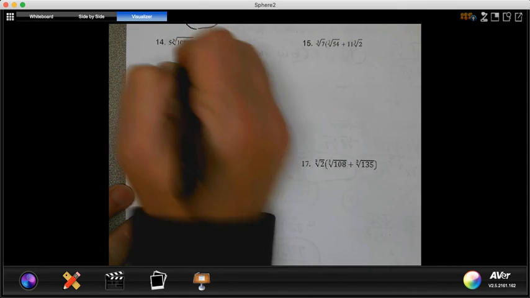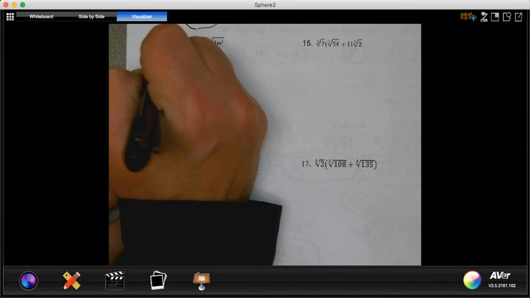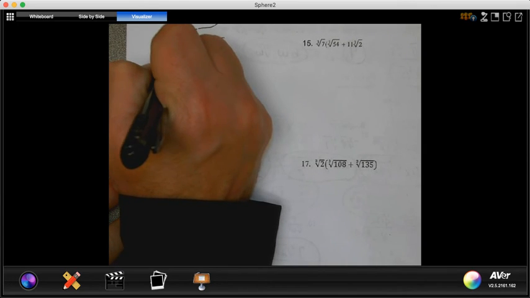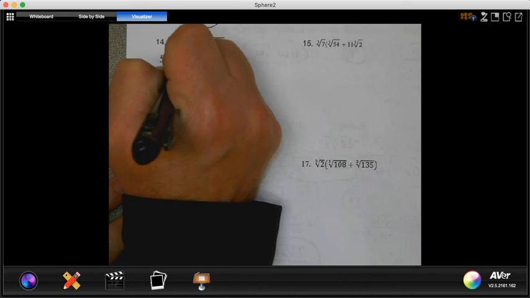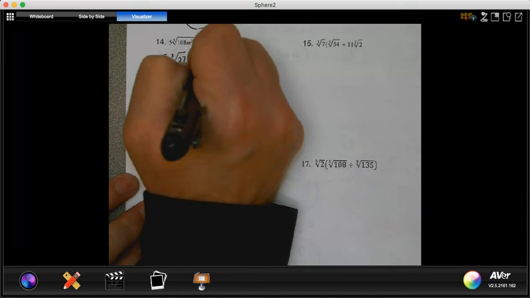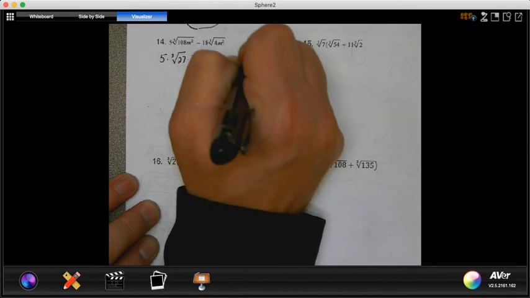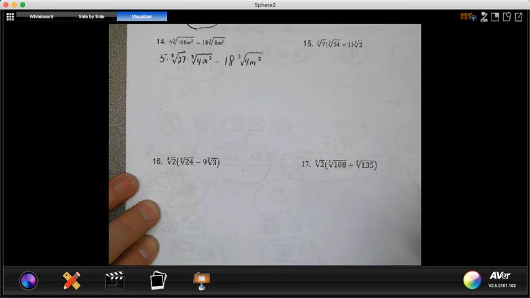So 4 goes into 108 27 times. So here we go. This is 5 times root 27 times cube root 4 m squared minus 18 cube root 4 m squared.